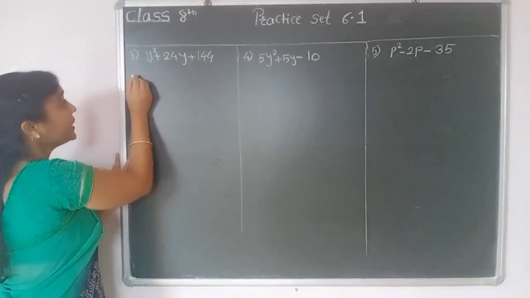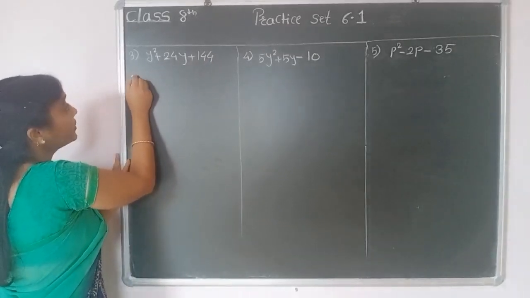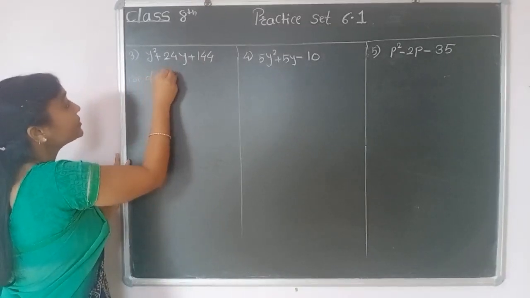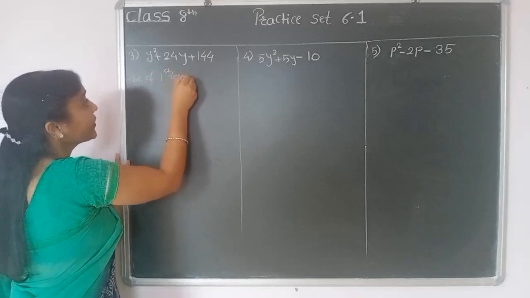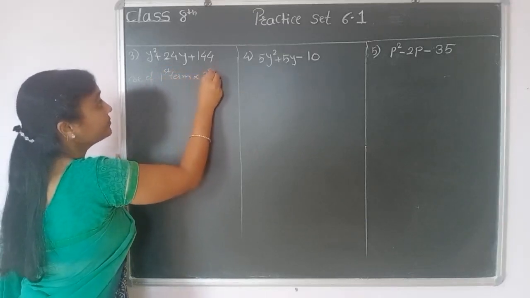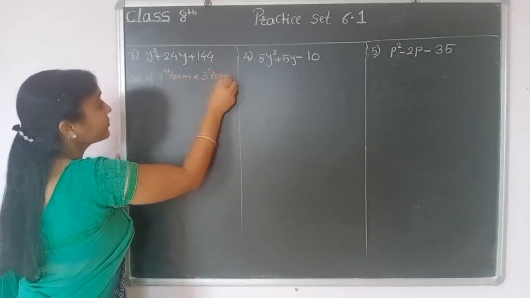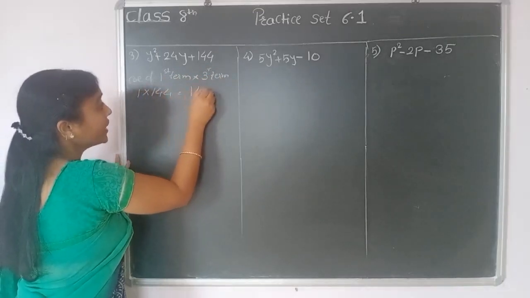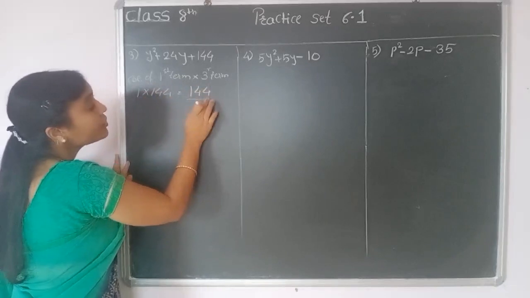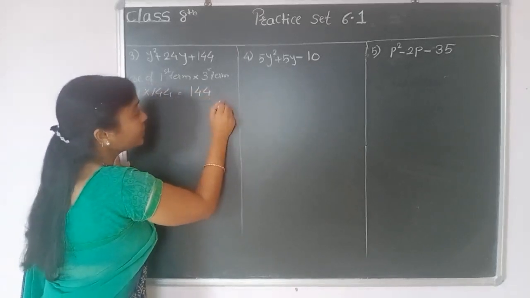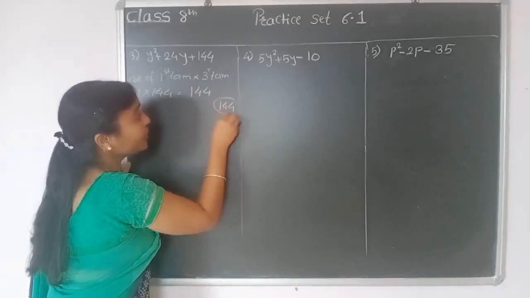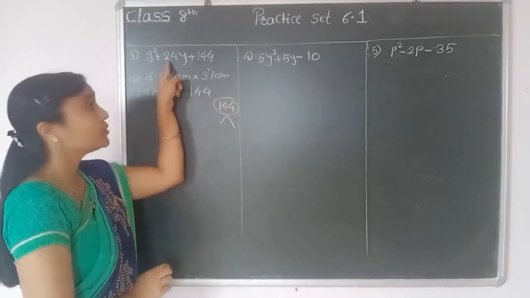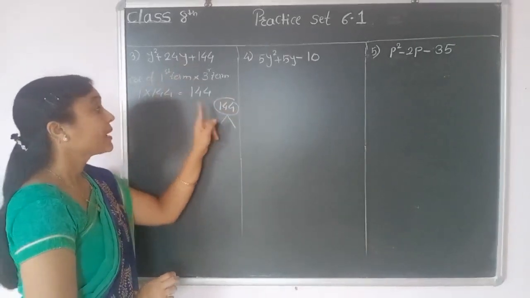So the first step is to do the product of the coefficient of the first term into the third term. 1 into 144, so we get 144. Then you find out the factors of 144 whose sum is 24.